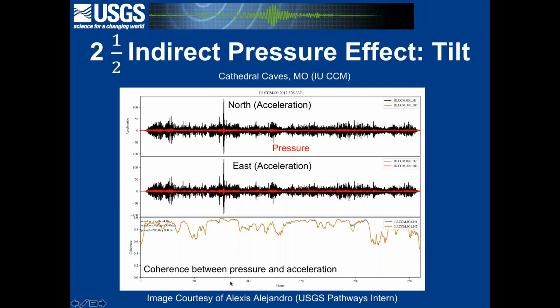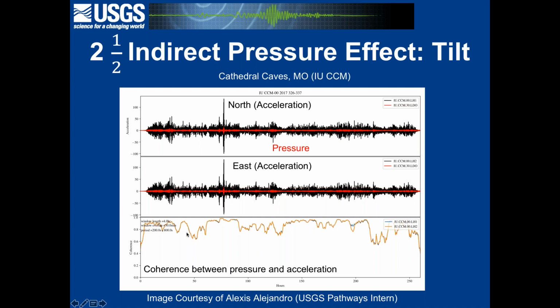What I'm showing here is something our Pathways intern Alexis Alejandro is working on. This is an example from our station at Cathedral Caves in Missouri. I'm plotting pressure in red, and in black, I'm showing acceleration.